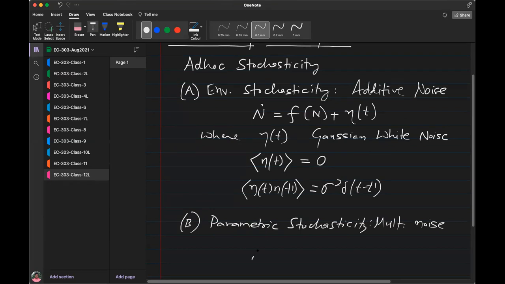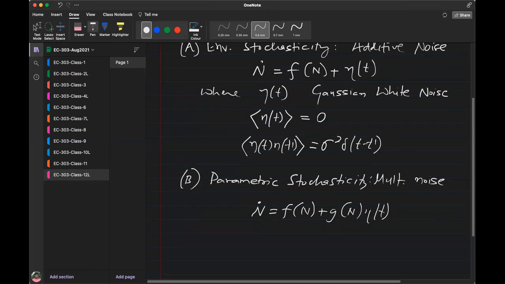We haven't discussed this well as of now. So the general form of this will look like this, where eta t follows the same definition, with the main change being that the coefficient of eta t is not a constant. It is now a state dependent function. Okay, that's why we call it multiplicative noise.